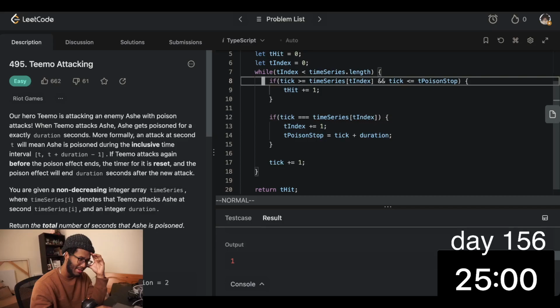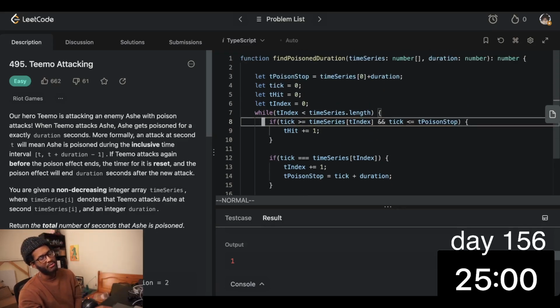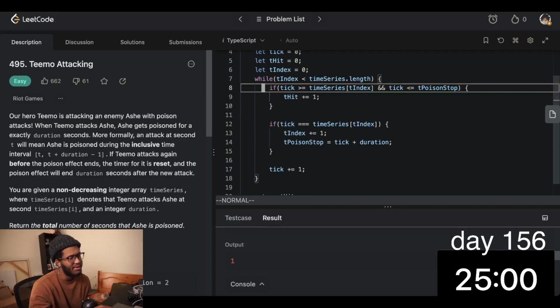And then we'll say if tick is greater than or equal to time series sub T index, which we are, because we'd be equal to 1, and tick is less than or equal to T poison stop, which is 3, do T hit plus 1, and if tick equals time series sub T index, which it does, we'll say T index plus equals 1. And T poison stop equals tick plus duration.